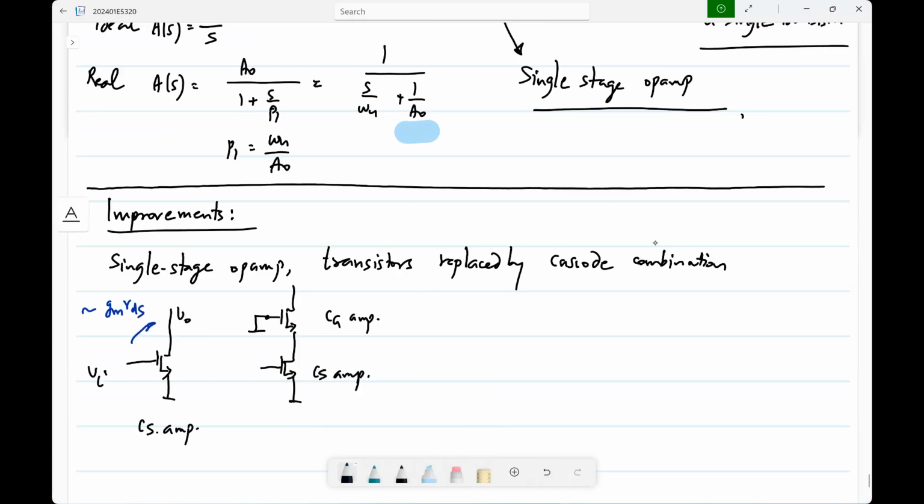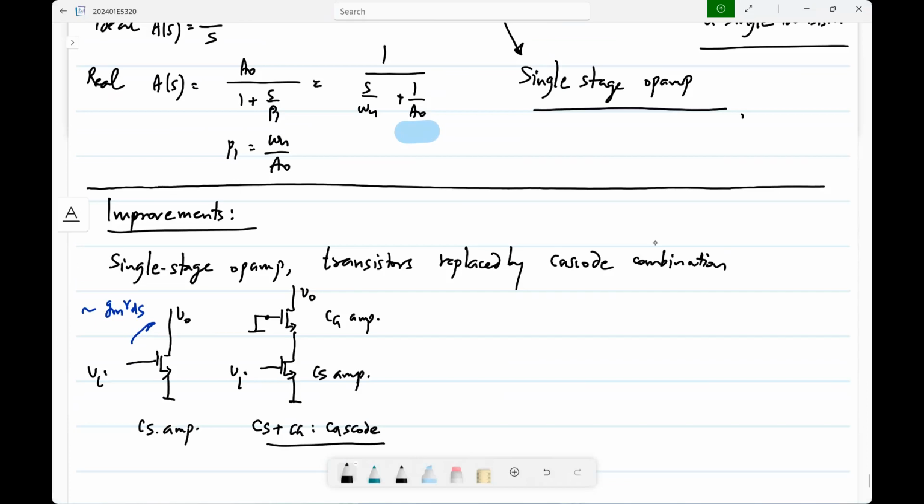I'm not showing biasing details and so on. What is the difference between these two? This is what is called a cascode. Everybody has seen this, right?